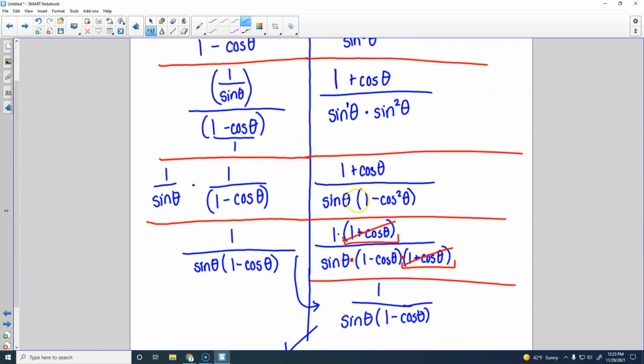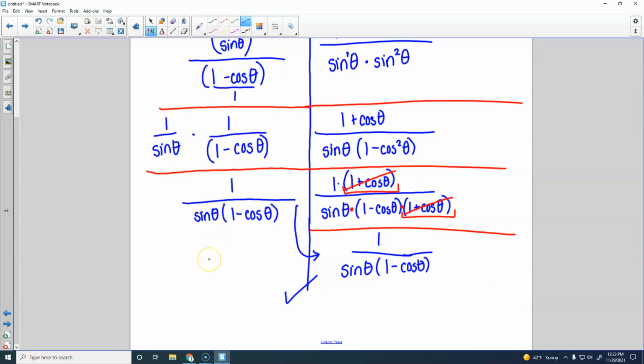You should be thinking, if I see 1 minus cosine squared theta, maybe I should factor it, especially if it looks like it'll cancel with something on the top. You should be thinking, when I have complex fractions, I probably need to flip the second and multiply, right? So these are just strategies that we see here that hopefully we can apply to the next problems that we do.